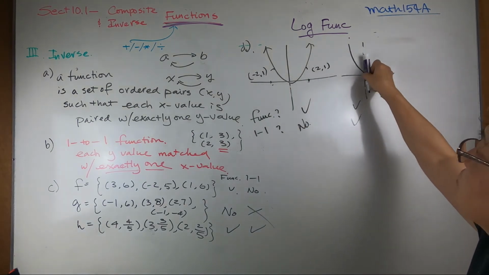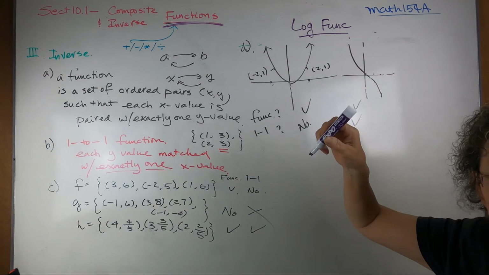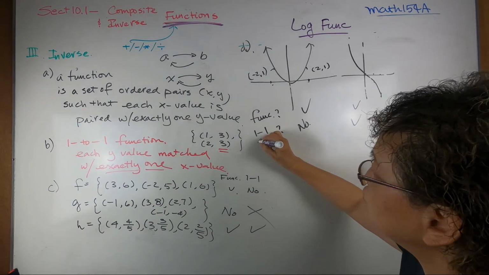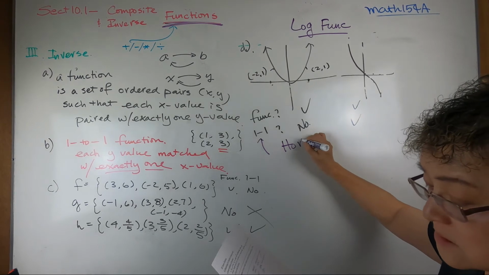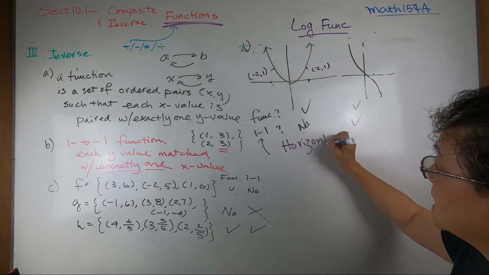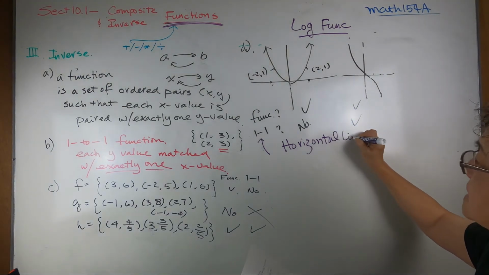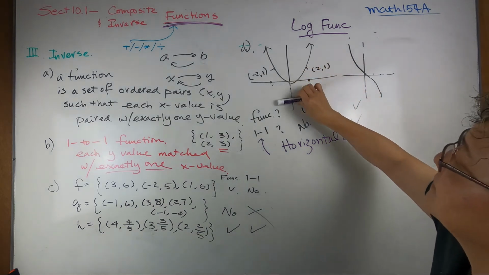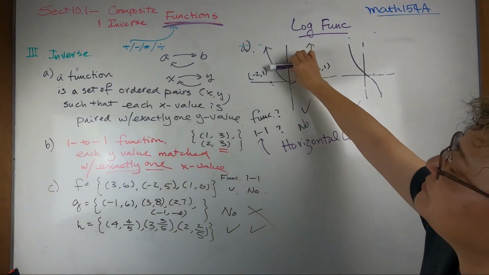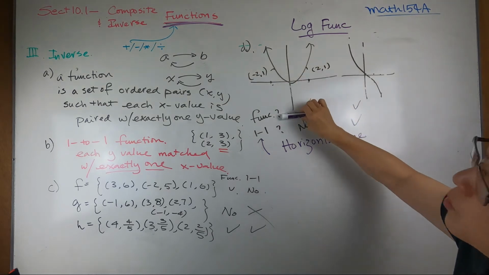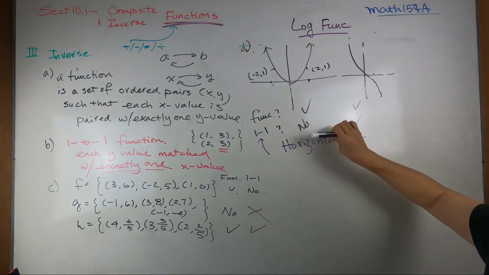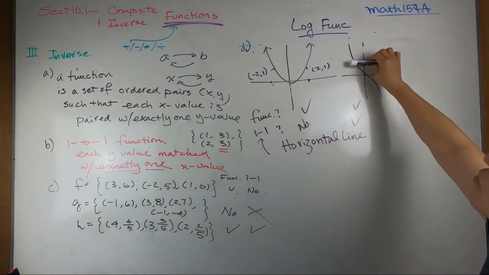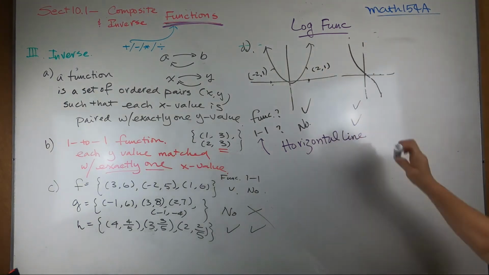For function, we use a vertical line test, right? For one-to-one function, we use something called horizontal line test. So you do this way. So you see it meets two places or one. So if two places, that means not a one-to-one function. So this one is not, this one is.